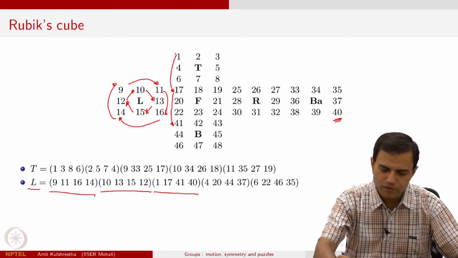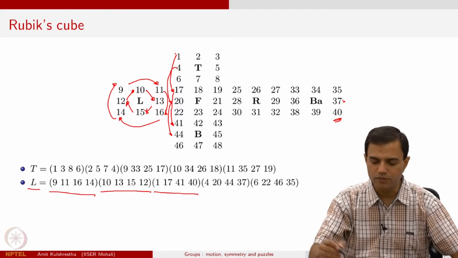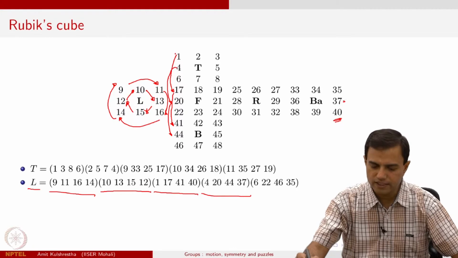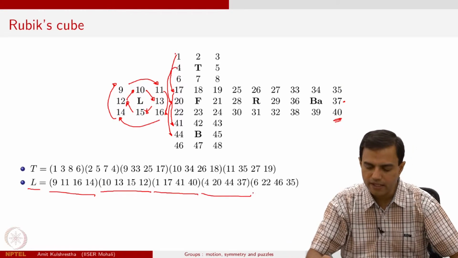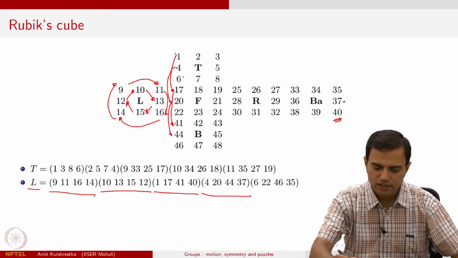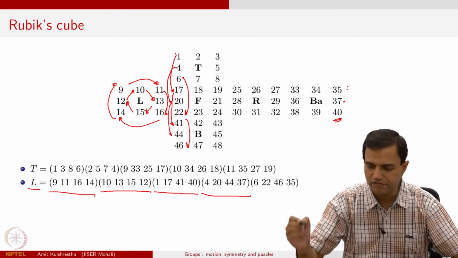And similarly, what happens to 4? 4 goes to 20, 20 goes to 44, and 44 actually goes to 7. Again, the way the cube is packed, and then 37 comes back to 4. And similarly, 6 goes to 22, 22 goes to 46, and 46 goes to 35.